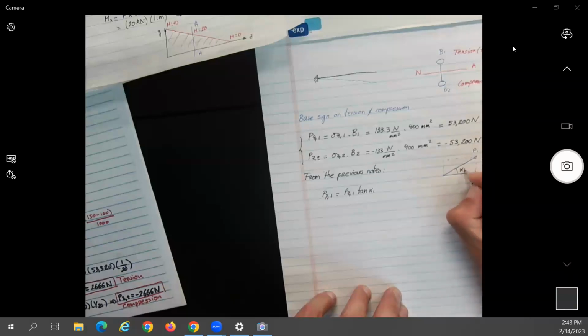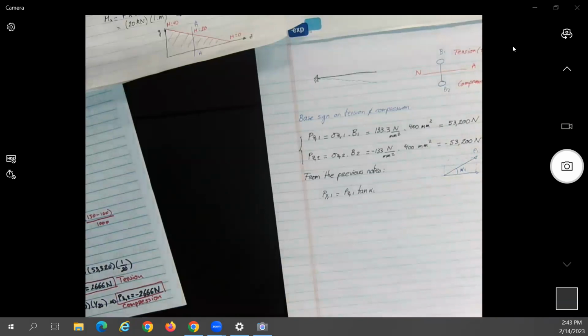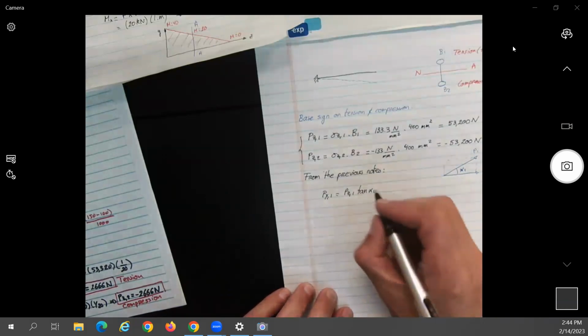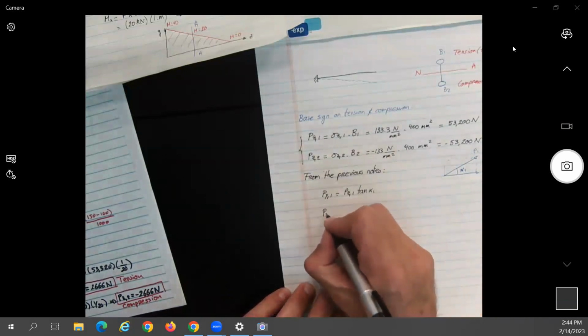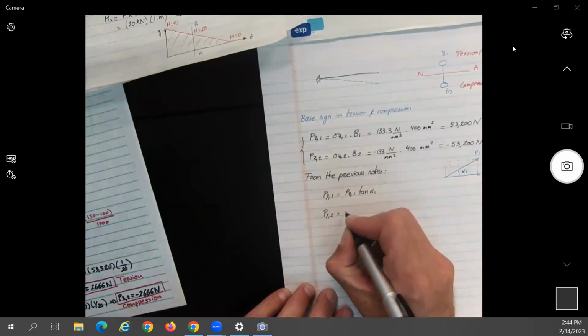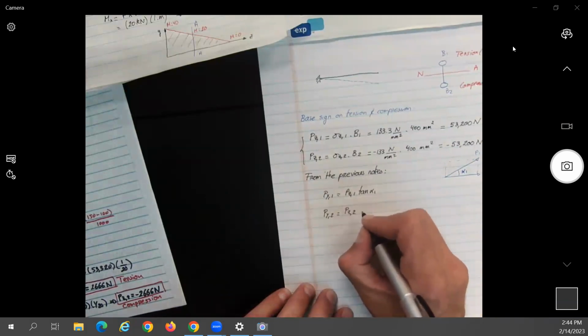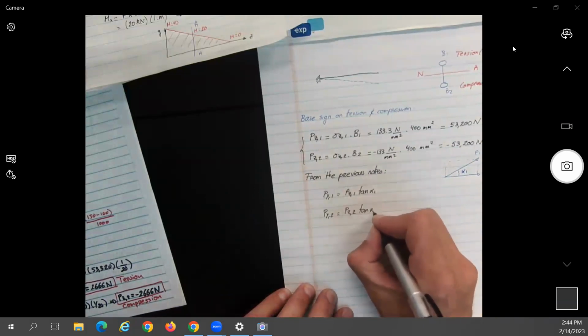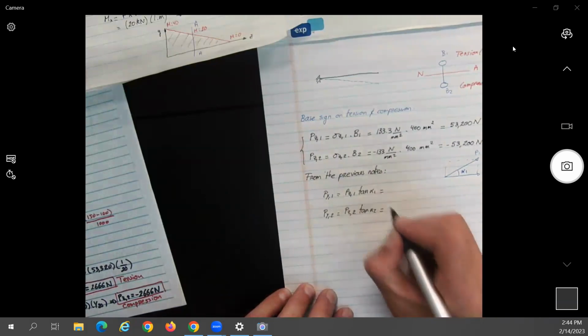Okay, you remember from the other day. And similarly, you could write PY2 equal to PZ2 tangent alpha 2.